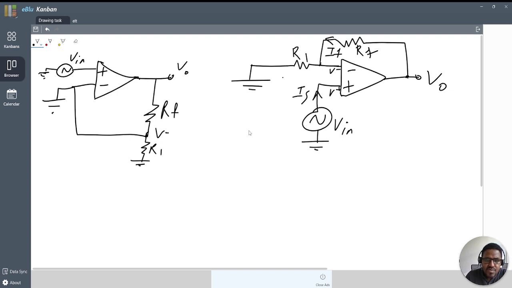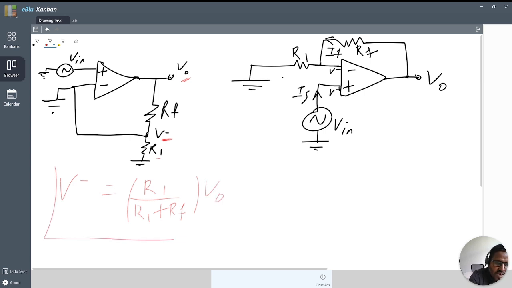So to determine the gain of this op amp for non-inverting, first determine the voltage divider for the inverting terminal. So V inverting becomes R1 over R1 plus Rf multiplied by V out.